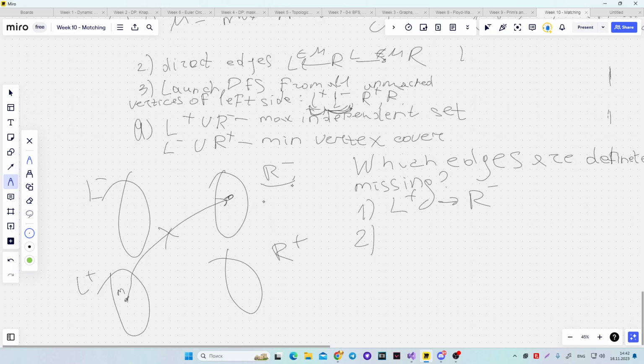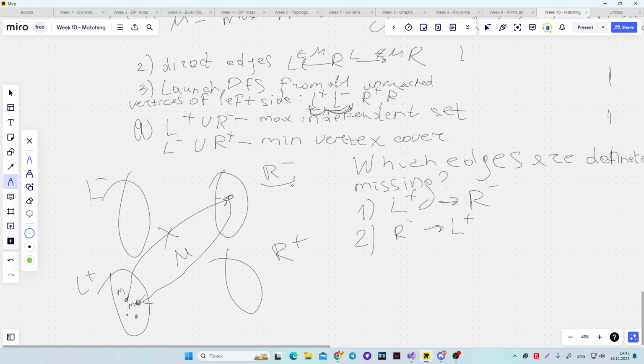Next case, R minus, L plus. It's true, because if we consider R minus, we get that this edge belongs to the matching, and it means this vertex belongs to the matching too.